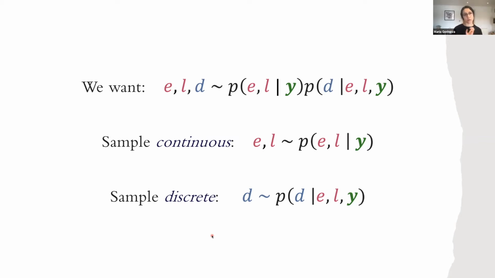One program allows us to sample only the continuous variables from the marginal of P of continuous variables given data. And then the other piece of program allows us, given the continuous samples we got, to sample discrete variables from the posterior of discrete variables given continuous variables and data.